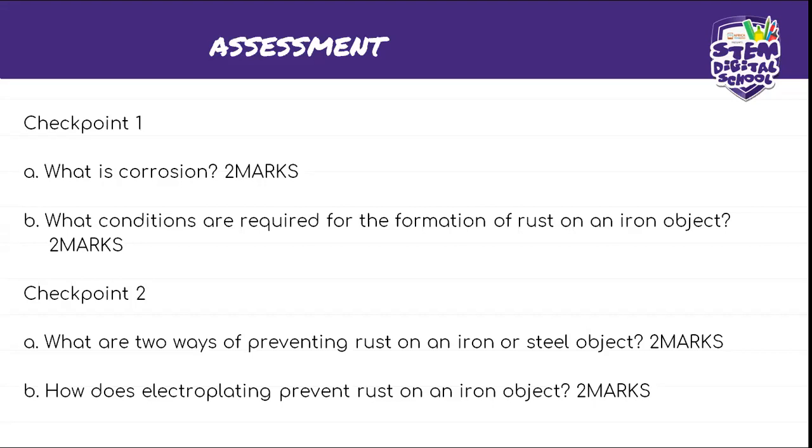I'm simply saying we have talked about corrosion, and I want you to send in your answers for this exercise to check your understanding level.